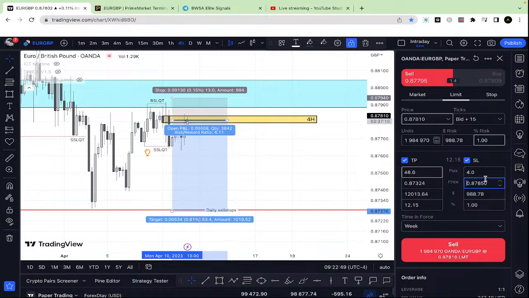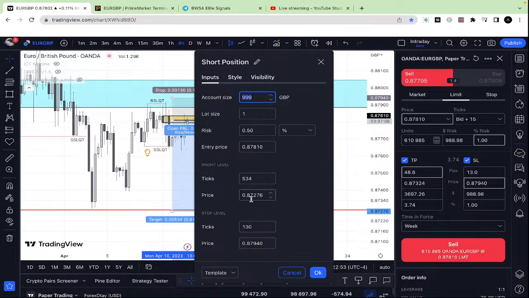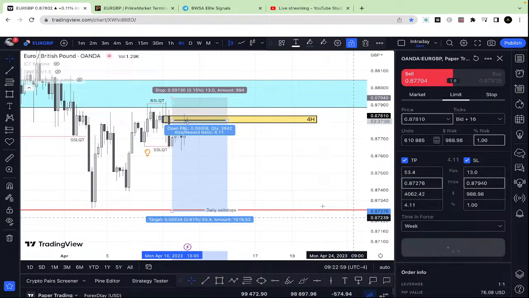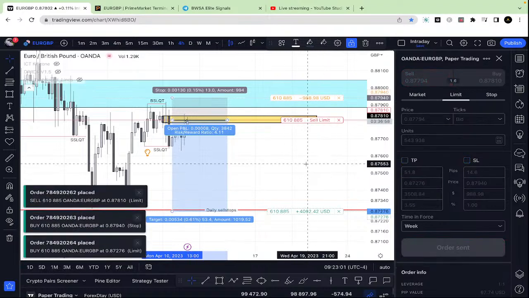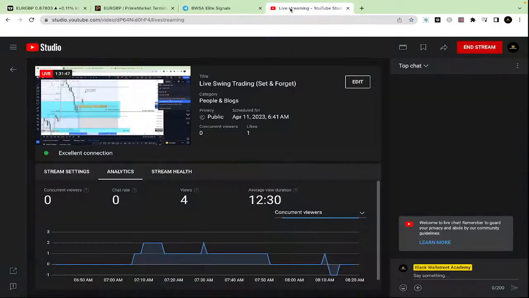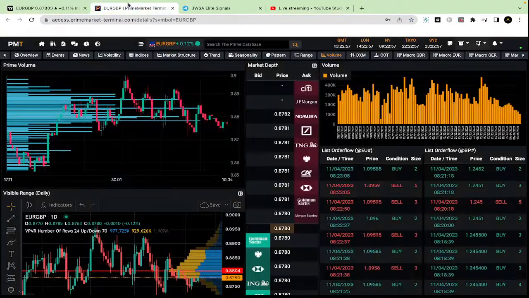Stop loss is going to be here, and TP is going to be here. Command V. We got sell limit right here, and we will play that by ear. Once mine gets triggered, I will call that. I don't mind calling that.